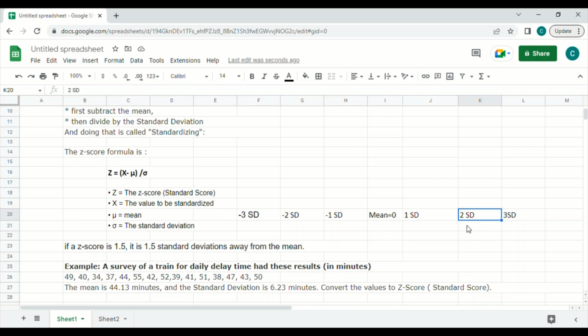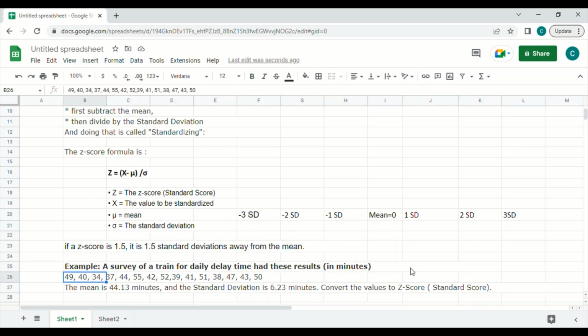Therefore, we can say that it is 2 standard deviations away from the mean. Similarly, here minus 1 is the z-score. Therefore, we can say that it is minus 1 standard deviation away from the mean. Similarly, minus 2 is the z-score.